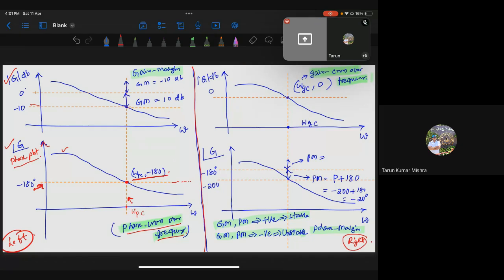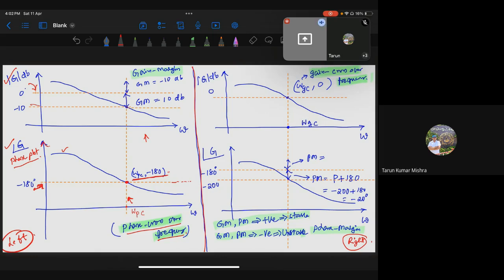Once you get the phase crossover frequency, now go to this image. In this image, can you see this 0 dB line? First draw that 0 dB line.